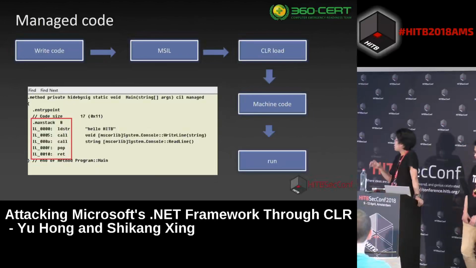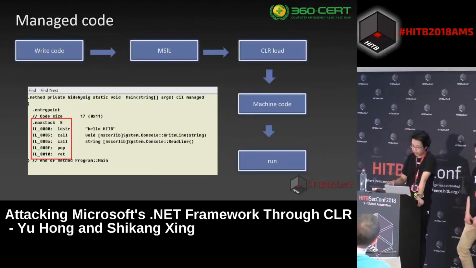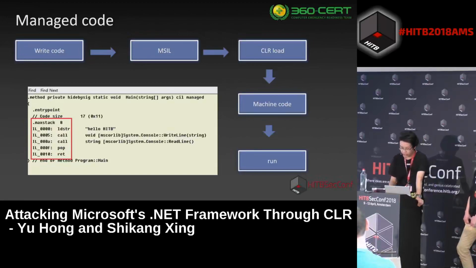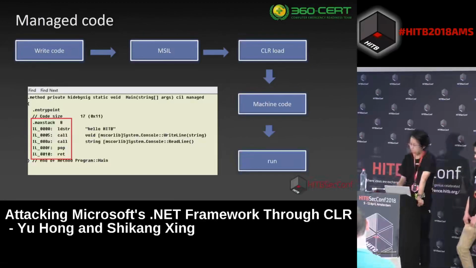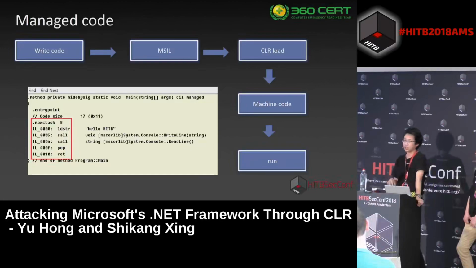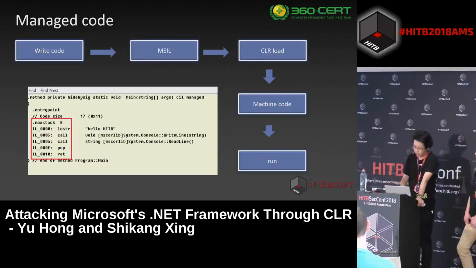it's a magic code. As I said before, when we write a program in a .NET high-level language, the compiler will translate this code into intermediate language. This intermediate language is MSIL code.